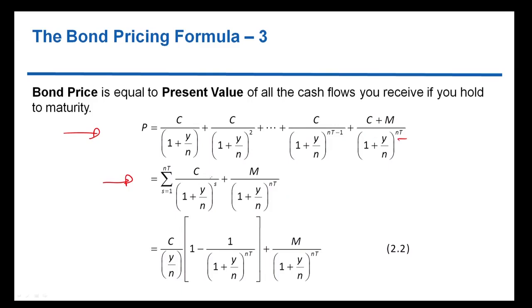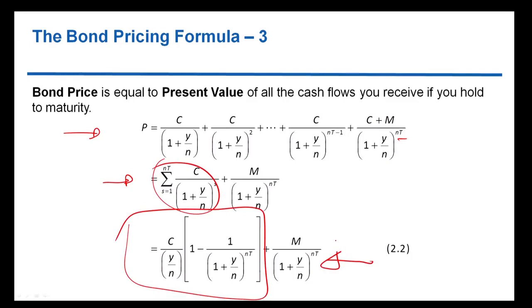So it's the sum of C over (1 plus y over n) to the s, plus the principal amount discounted back to present. And this first component of the discounted cash flows can also be rewritten as follows. And pay attention here, because we're going to use this formula time and again during the exercises, okay? So this is the first component, which is the sum of the discounted coupons, and then the second component is the principal amount discounted back to present.